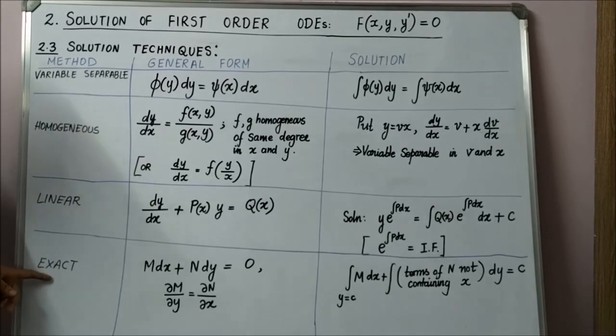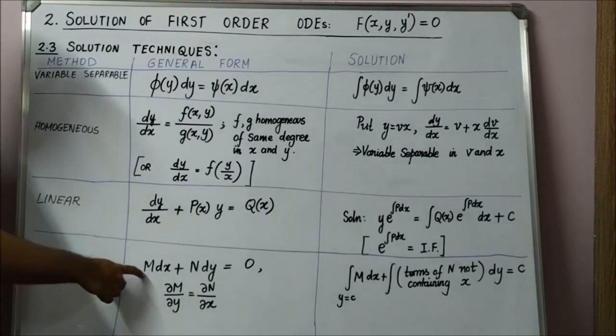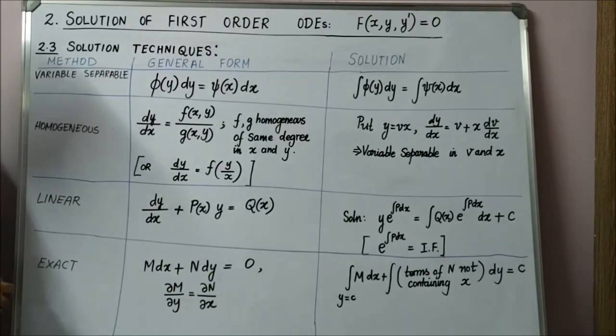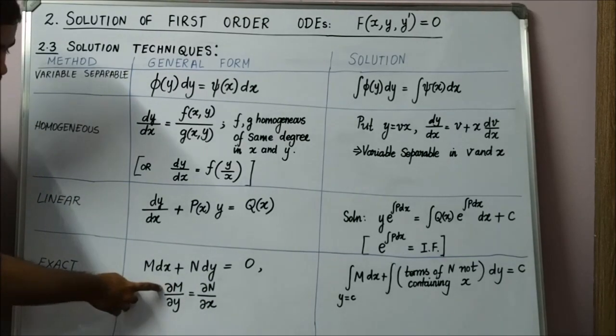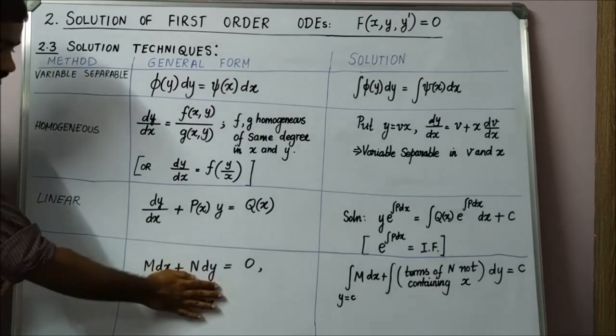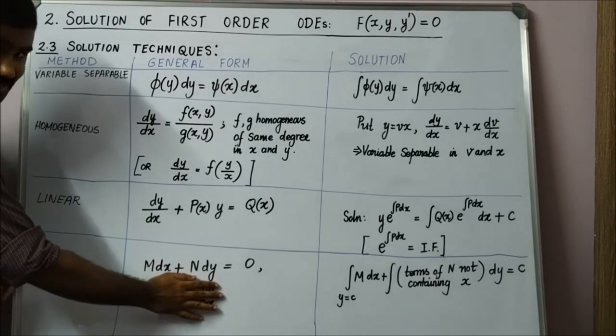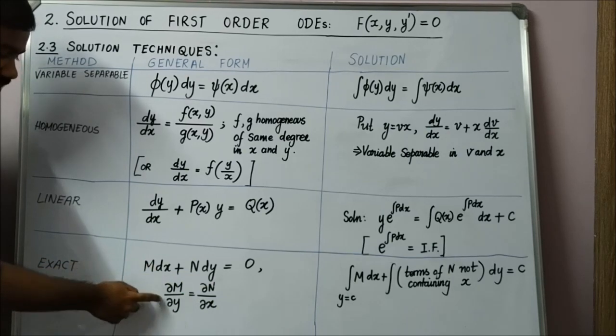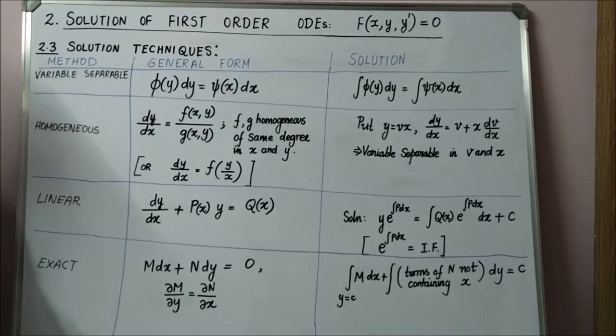Finally, exact equations are of the form m dx plus n dy equals 0, along with the condition dou m by dou y equal to dou n by dou x. Just m dx plus n dy equal to 0 is never exact, but this along with this condition is an exact equation.